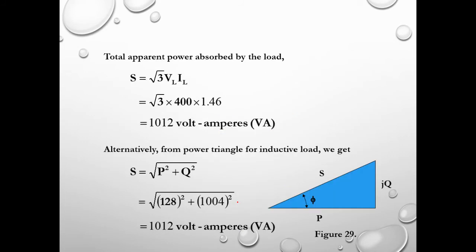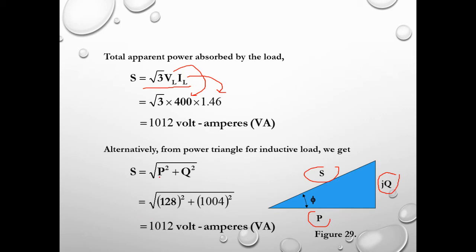Then the total apparent power absorbed by the load. S equals square root 3 V_L I_L. Again, set the value of V_L and I_L, so you get 1012 volt amperes. Alternatively, from the power triangle for an inductive load, this is S, this is P, this is jQ.